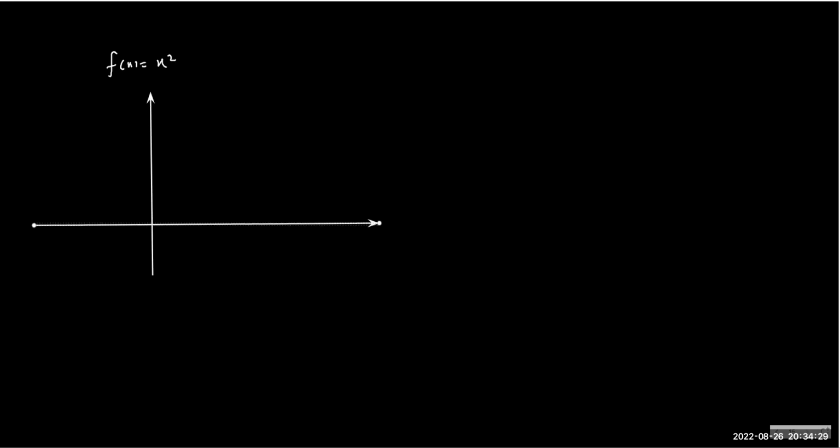I hope you can recall this will be something like this. This is called the graph of f of x equals x square. If someone writes that f of x is x minus 2 whole square, is it representing a similar graph or a different graph? It is representing the same graph.